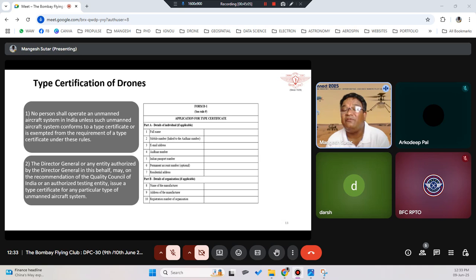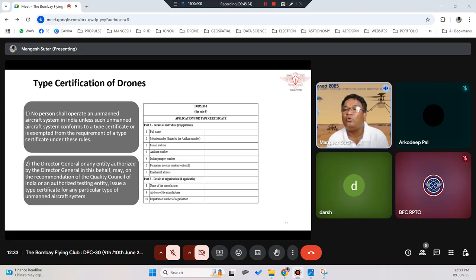That means if you want to manufacture a car and sell that car, you need to follow certain guidelines for manufacturing and certifying that car. That car needs to have certain rules and regulations, certification, worthiness of driving it safely. Similarly, your drone needs to be airworthy.